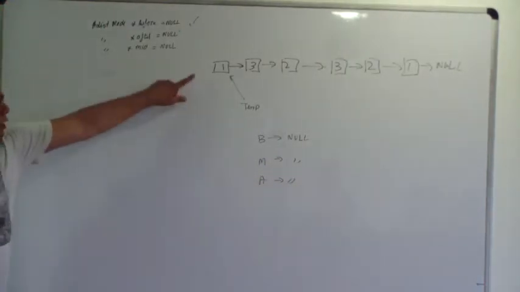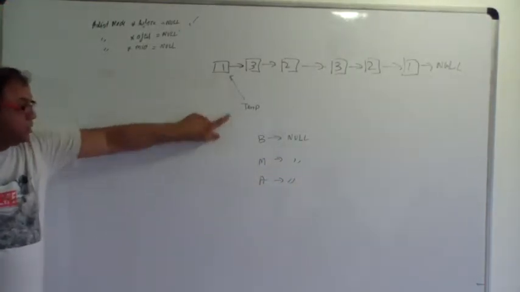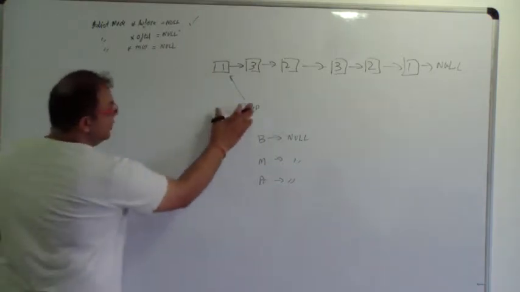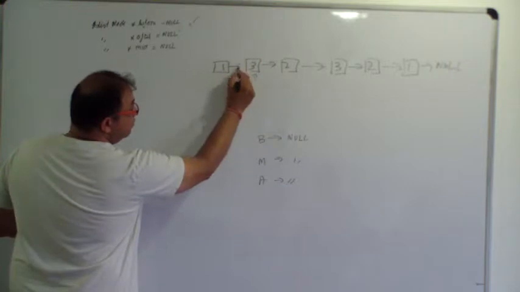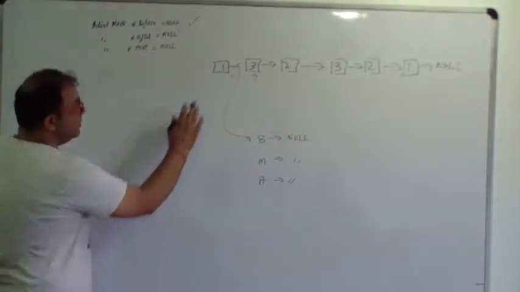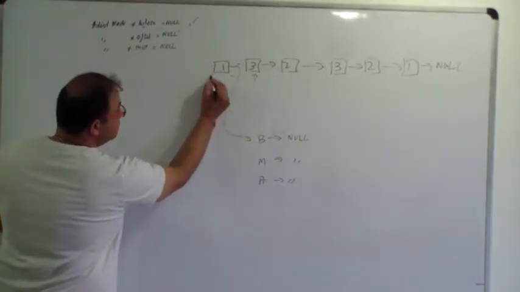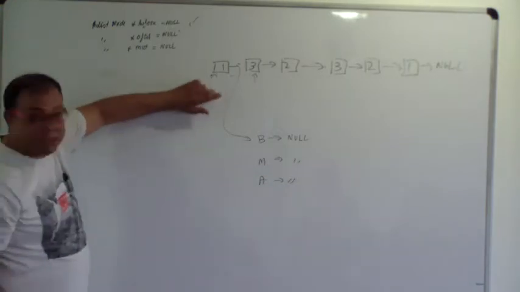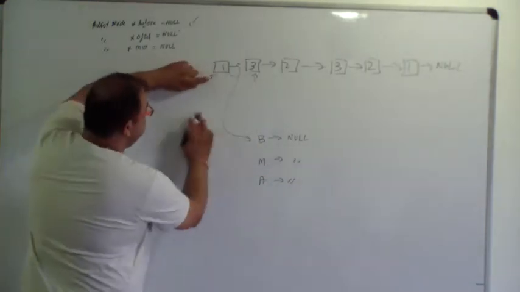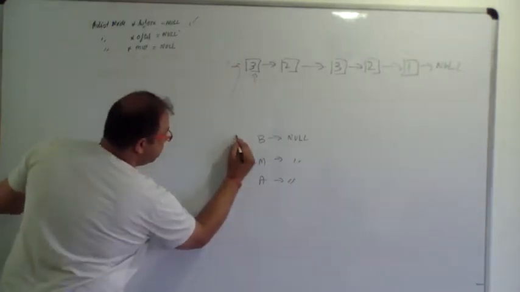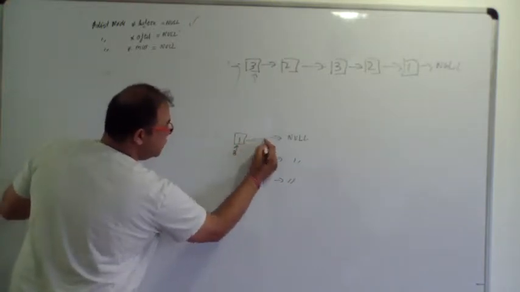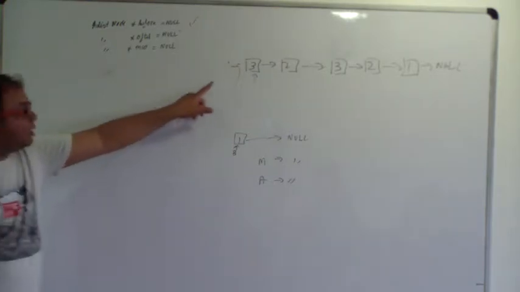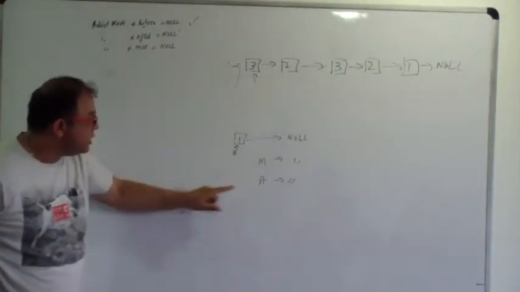Okay, now 1 comes, 1 should go in before. So I move temp to here, move this to this, and before links comes over here. So now before pointer is 1 and before pointer is pointing over here and this is pointing to null. Okay, now we come 3. 3 is going in after.